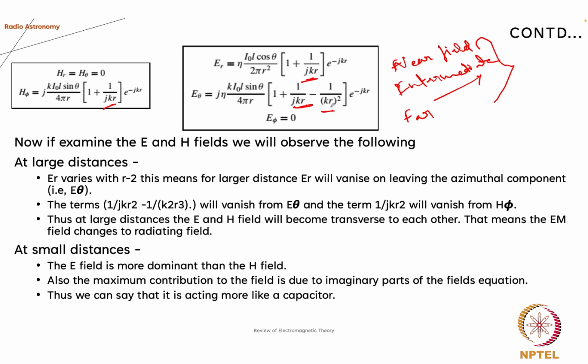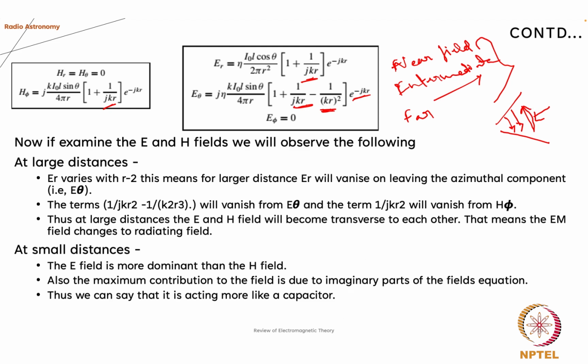If this kr is very much less than 1, then this value will be very high, so you will have a distance dependency. That means your field will be capacitive in nature. If you see the capacitor analogy, you will find that if you go near the field, you will find strong field values. So that says that you are in the capacitive region.